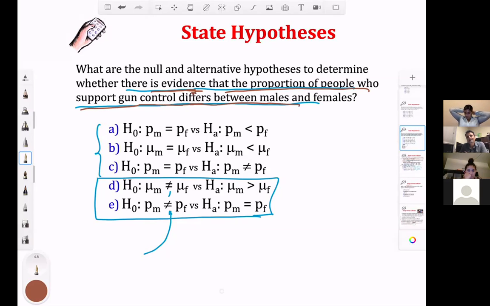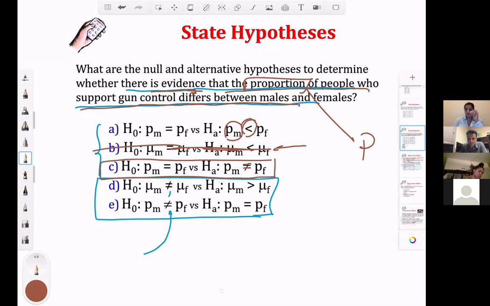So they said different. They didn't say more than or less than. If they said more than, like the proportion of males is more than females, we would be using this one. But this is talking about the mean. But C, they're saying they're different. We are using the correct parameter. Parameter is proportion. Proportion is P. So nothing to do with the mu. So this will be the best answer.